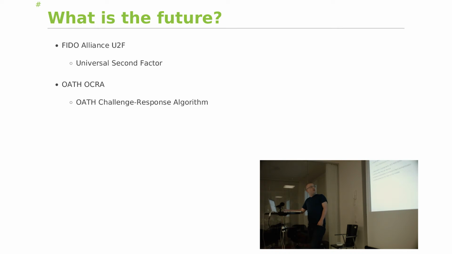U2F. Draft standards were finally published for U2F. How many of you have heard of U2F? Okay, about 5. It's a very new standard. The founding members of the U2F working group are Yubico and Google, I'd guess, and NXP. The YubiKey Neo.